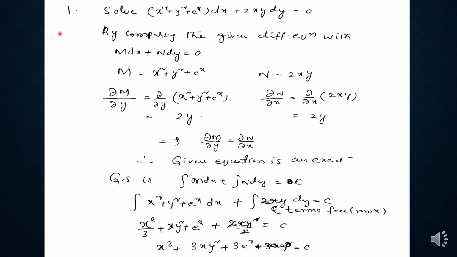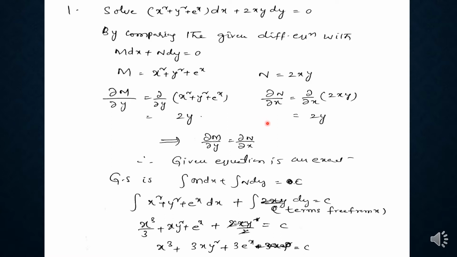If the given equation is an exact differential equation, then we can write its general solution as integral M dx plus integral N dy is equal to c, some constant. While integrating M with respect to x, y will be treated as constant, and while taking N, we should take the terms which are free from x.